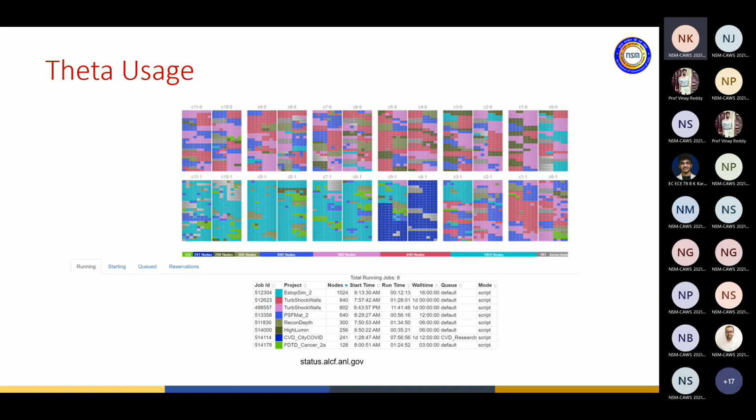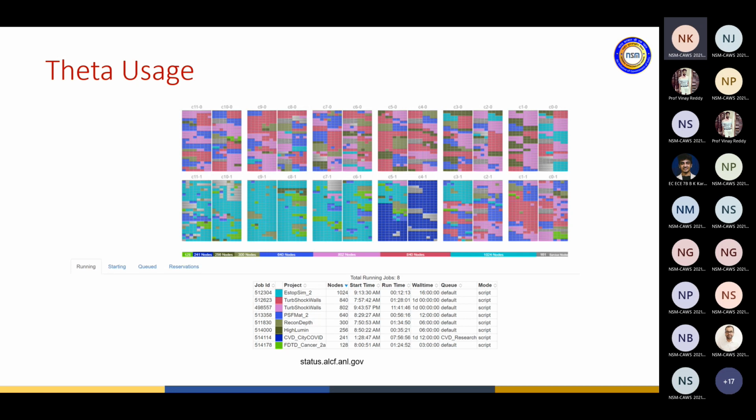This is a Cray system, so they have this notion of cabinets and chassis, and it uses the Dragonfly network topology. You can see there are some more details about this. There's a job ID, like you have a process ID on a single node system.